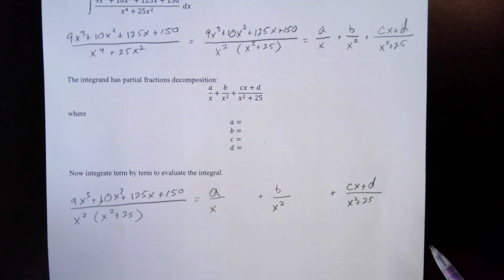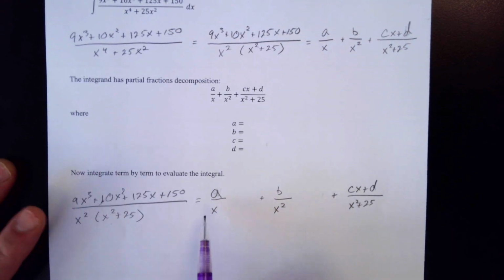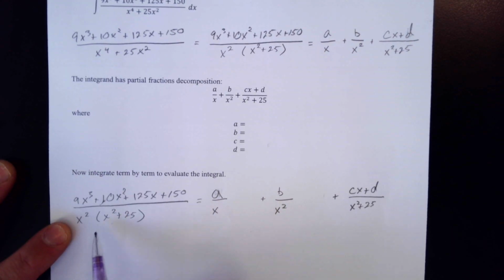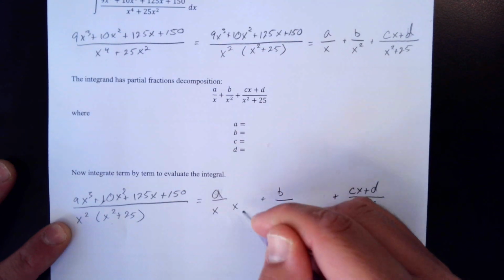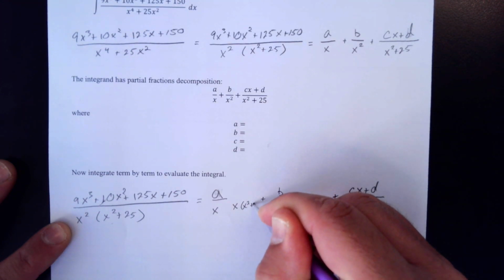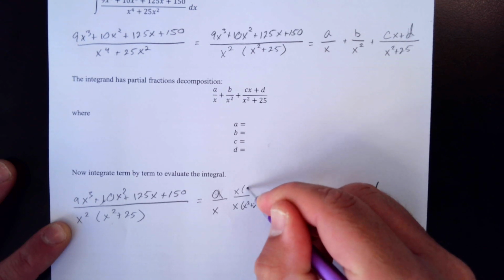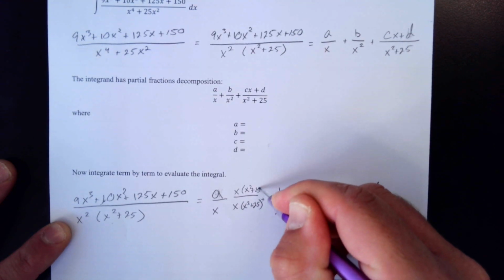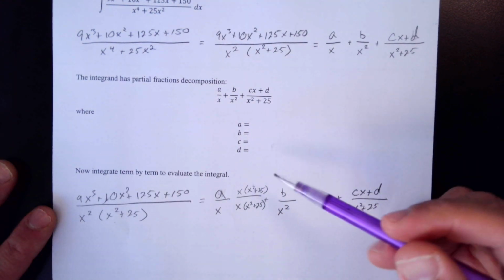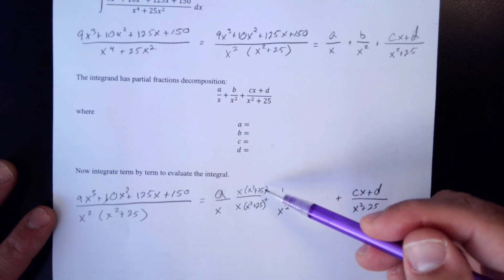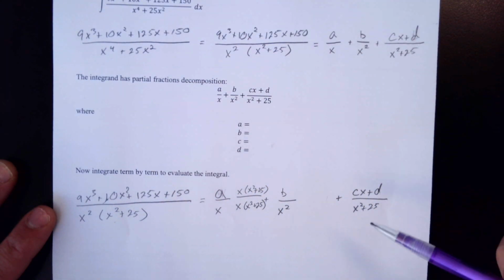But as you can see, I've left a lot of space there because I want to get a common denominator. And that common denominator is this one right here. So what does a over x need to have this same denominator? It needs an x and an x squared plus 25, so I'll put that on the top and the bottom. Notice I haven't changed this a over x. I've multiplied it by 1 in a way such that I'm going to get this same common denominator.